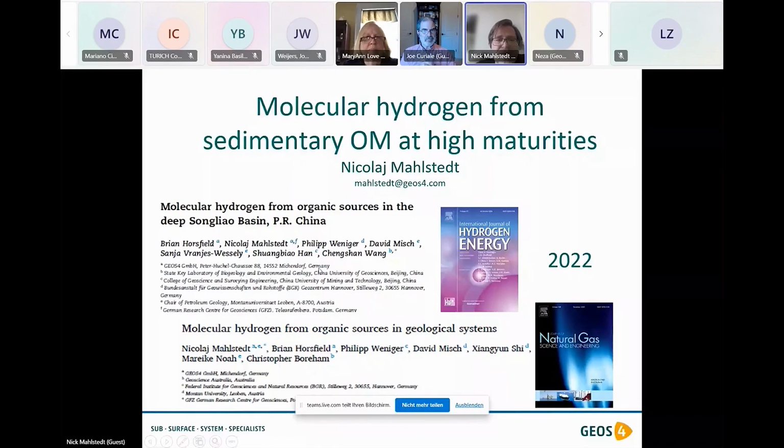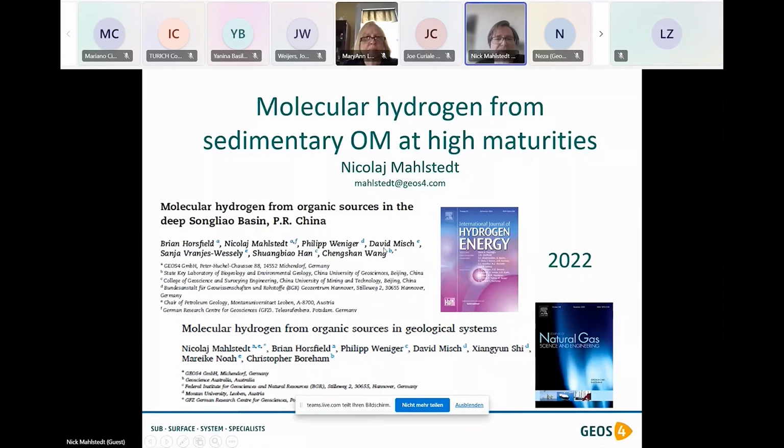Those were provided from our Chinese colleagues from the SK2 well in the Songliao Basin, the Shuangbiaohan here and Chengshanwang. And the type 3 coals and marine shales were provided by Christopher Boreham from Geoscience Australia.